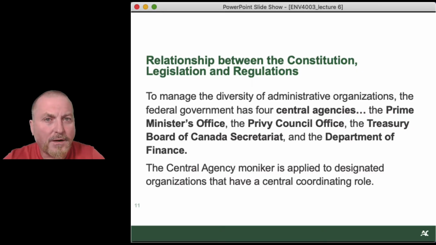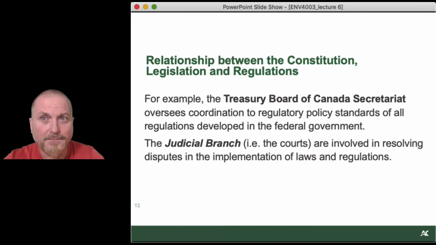So if you're sitting in Environment Canada or Health Canada, advancing an environmental initiative, you have to deal with these central agencies, and you will have to deal with departments that have mandates that are impacted by your proposal for action, okay? All of that in addition to having to deal with the federal-provincial dynamic, okay?